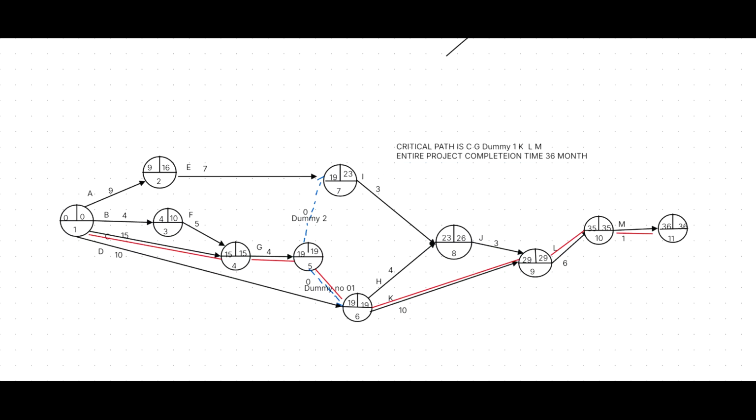Okay, now we complete. Any questions, clarifications? Did you get the same answer? Remember, non-critical activities, to some extent we can delay. Later, I will explain how to calculate the delay time. Any clarifications?